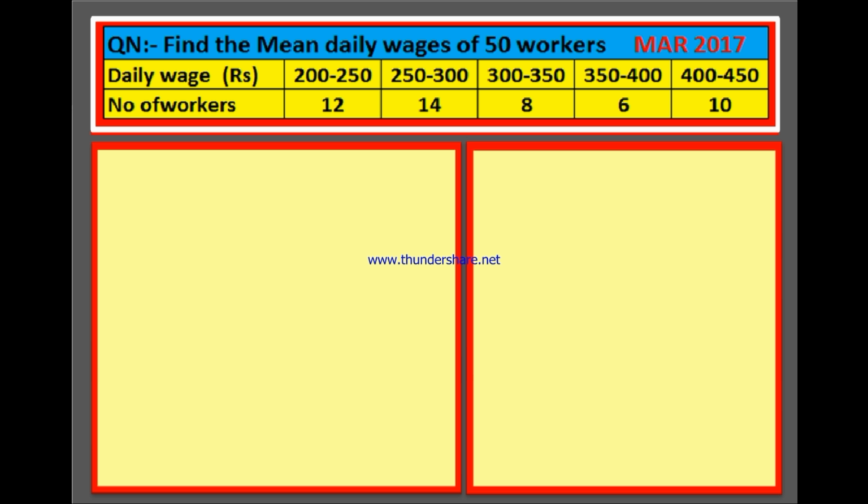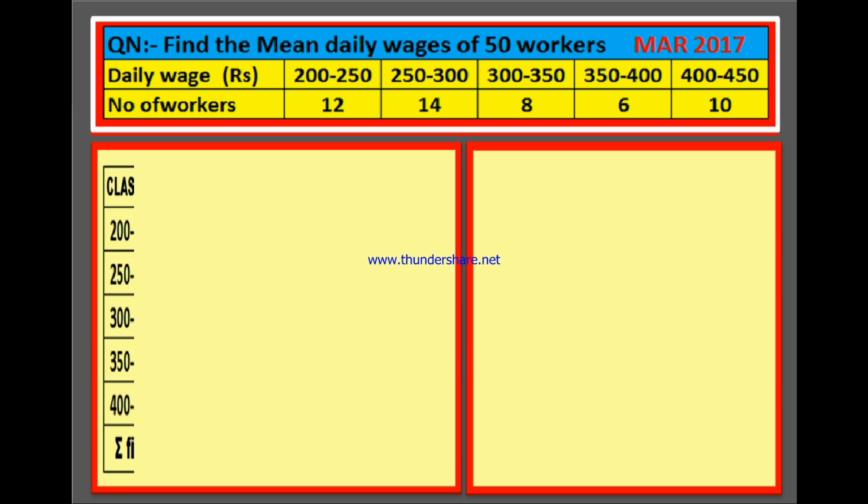If the class mark or the frequency is big, then it is difficult to find the product, and finally it is difficult to find the division also. In such cases, it is better to go for the step deviation method or deviation method. Now, this question can be solved using the step deviation method in a very simple way. Observe the solution now, dear children.